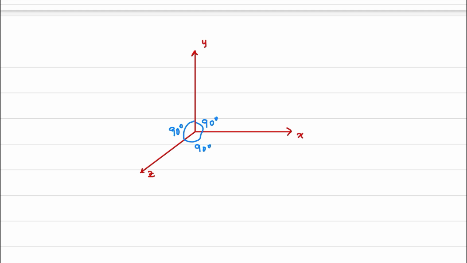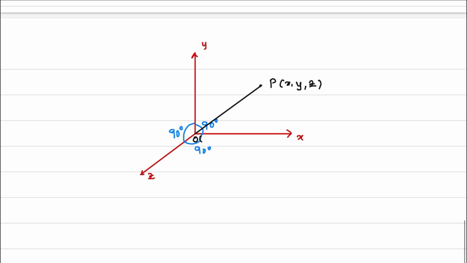I have taken a point here, P, such that it has the coordinates x, y, z, and I have connected it like this. This is O, 0, 0, 0.